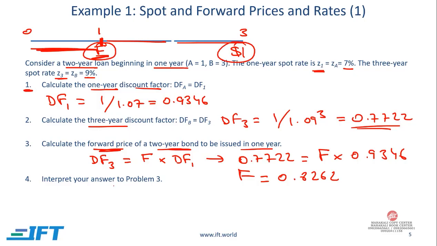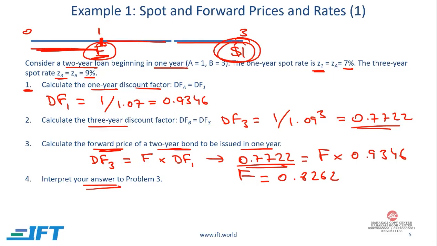And then how do we interpret the answer? The interpretation is based on what I just said. If somebody gets $1 here at the end of year 3, the present value of that $1 is DF3. So present value at time 0 will be 0.7722.